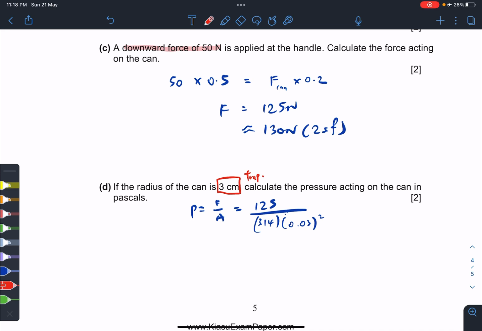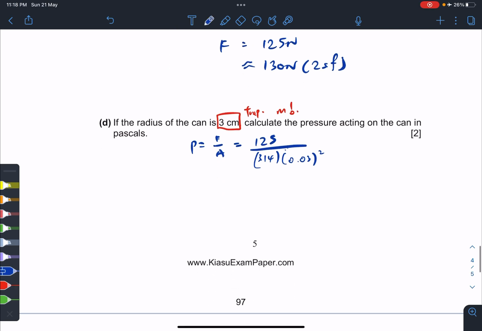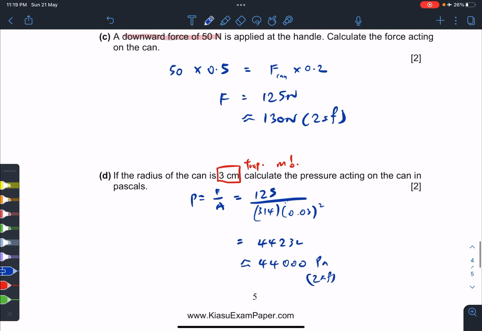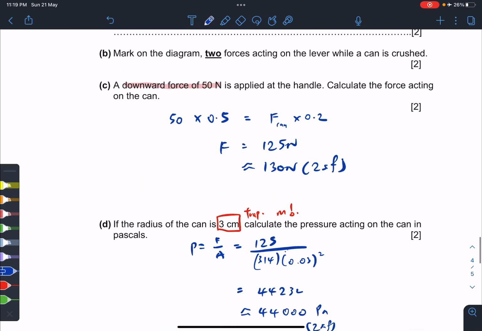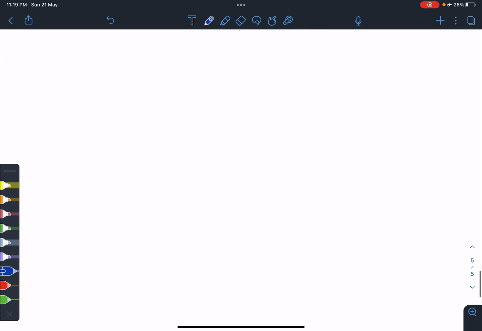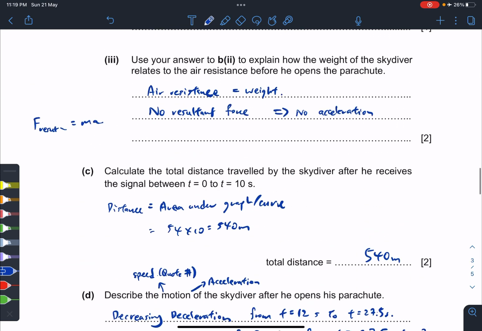Radius, which is length, is supposed to be in meters. It's a very standard thing that they do. You get 44232, which means you get 44000 Pascal to 2 SF. Is it 2 SF? Let's see if they have given any other things that's 3 SF. Nope, majority are 2, if not 1, so it's fine. Yep, that's about it. Thank you.